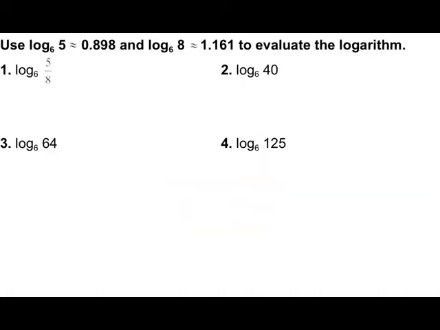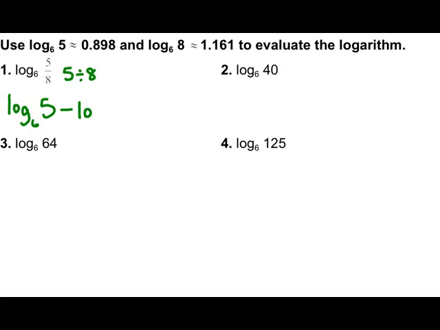Now let's look at a few more, just as a quick practice. Log base 6 of 5/8. Okay, 5/8 I know is the same thing as 5 divided by 8. So basically I have log base 6 of 5. Division becomes subtraction.